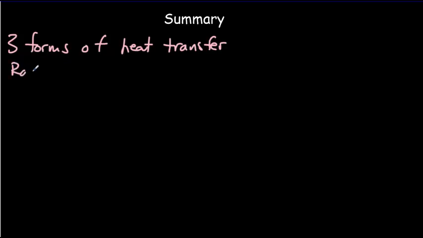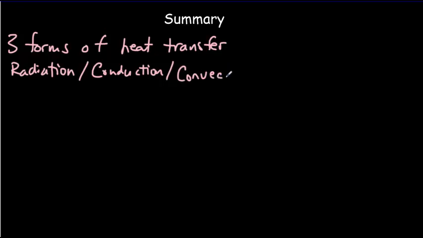So let's summarize the big ideas from the video. We started by talking about the three forms of heat transfer. We said we'd primarily talk about radiation, which is really electromagnetic radiation, but there is also conduction, which is about molecules vibrating against the molecules next to them. And there was also convection, which was about currents and the bulk motion of molecules due to density and pressure differences.